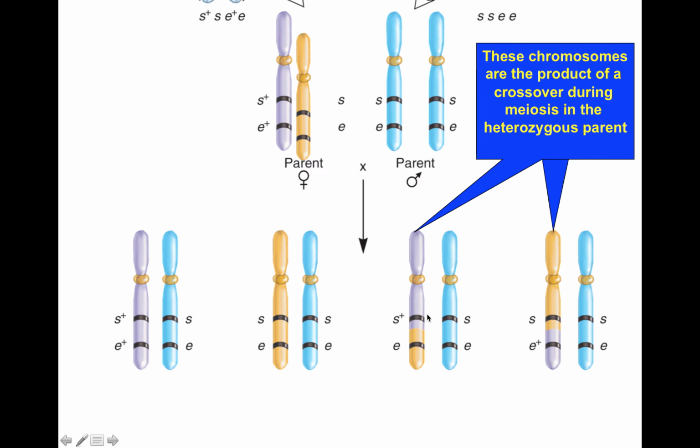That would be this, wild-type bristle and an ebony body. This fly is going to have an ebony body and normal bristles, and this is the reciprocal. This is going to have a wild-type body and short bristles. These are the unrecombined parental combinations of those alleles.